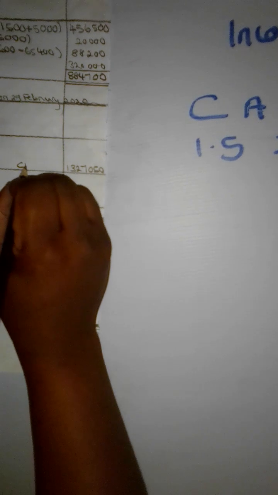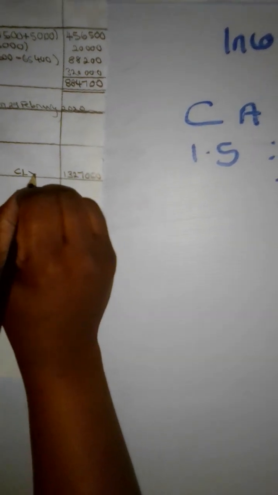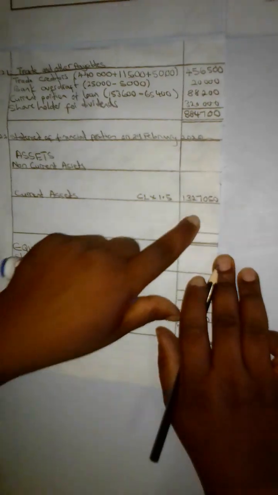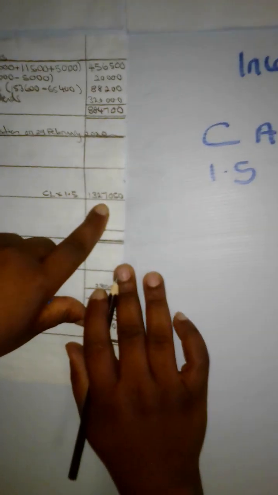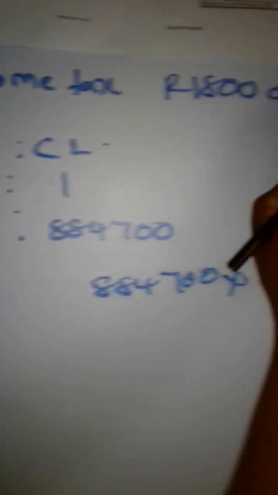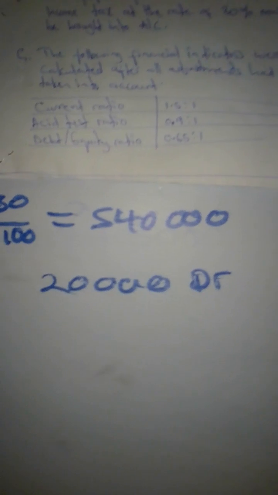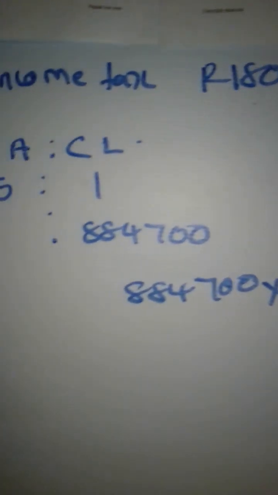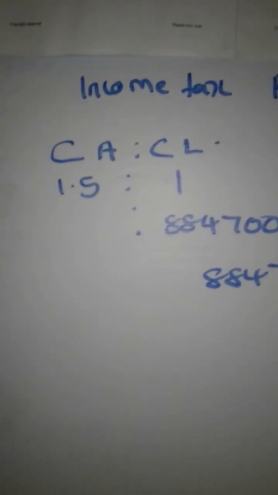I said current liabilities multiplied by 1.5, which gave me 1,327,050. What did we use? We used the financial indicator that is given there. The current assets are 1,327,050 as to 884,700.